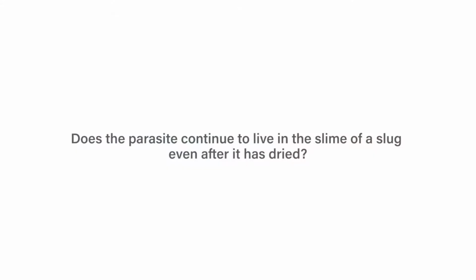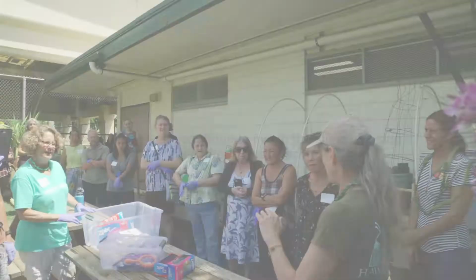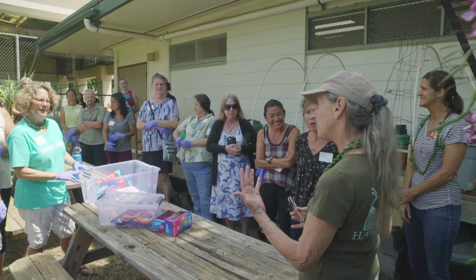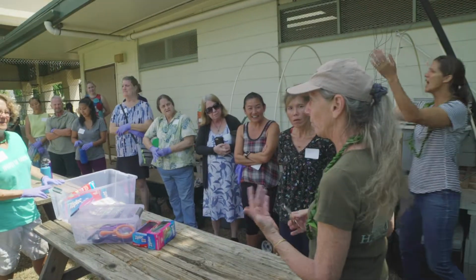So if the parasite dries, can I assume the parasite is dead in there? That's a question I couldn't answer yes or no, because the science has not been done. Slime is interesting because there are at least 4 different types a slug will generate.